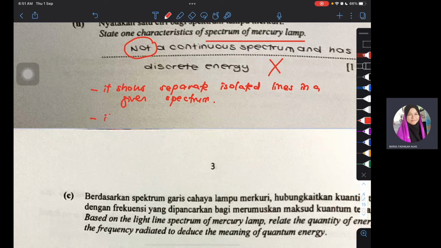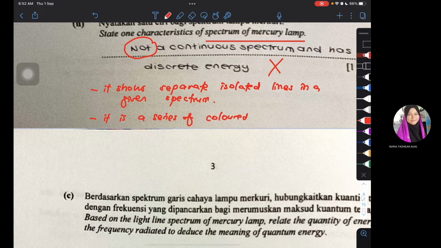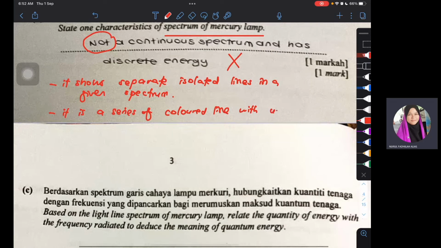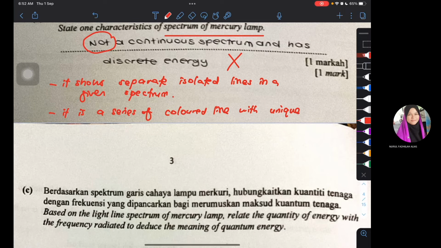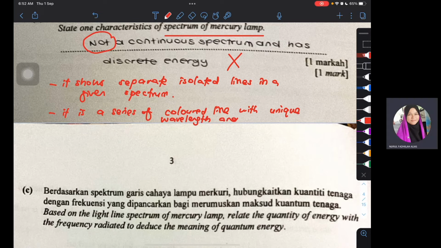Or you can say it is a series of colored lines with unique wavelengths and frequencies. Okay.